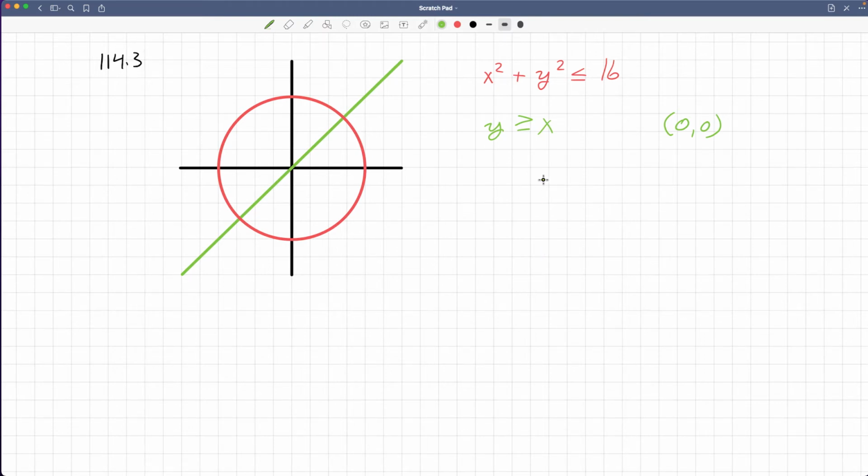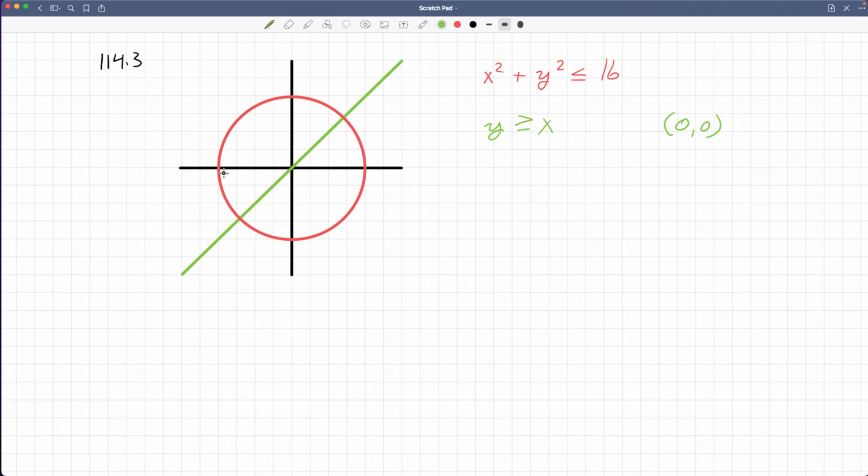All right, our circle is x squared plus y squared is less than or equal to 16. So when we solve this, we would find that the x and y would be 4. So 4 and 0, 0 and 4, 0 and -4, and -4 and 0.